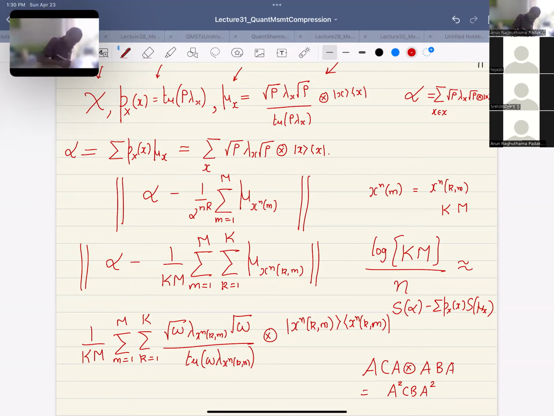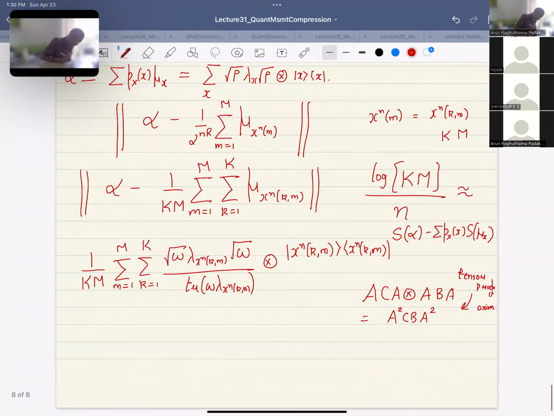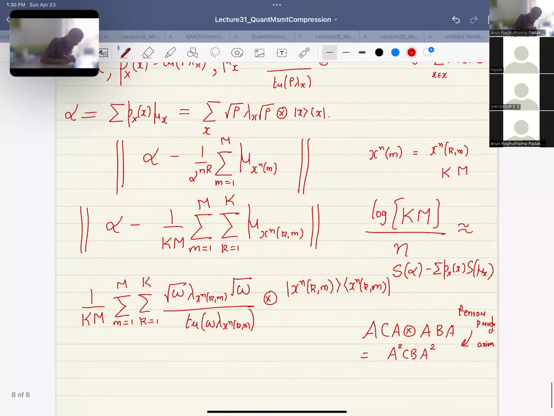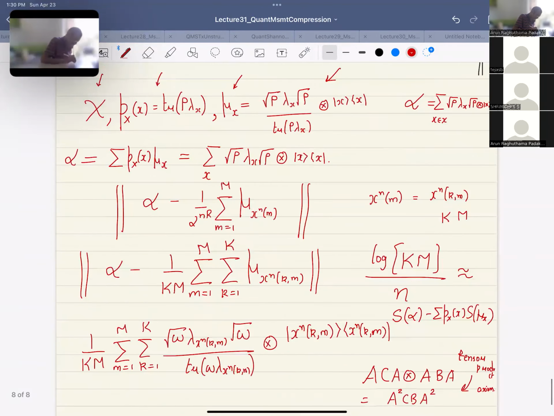Because you're operating one after another. Just show this. This is coming from the tensor product axioms. So this is exactly what we wanted.